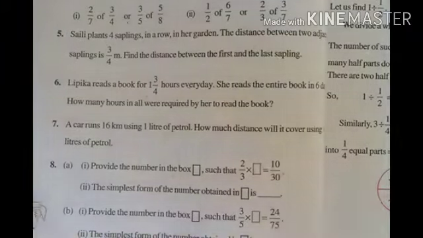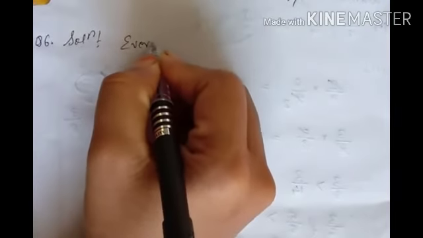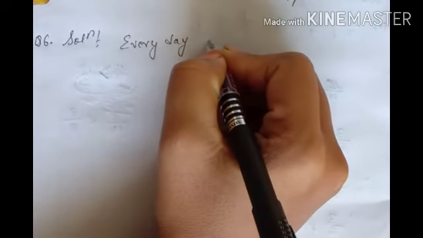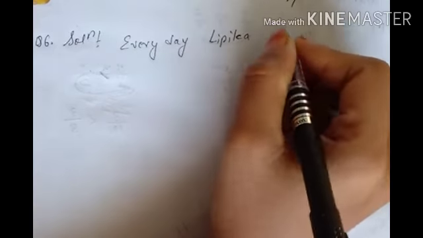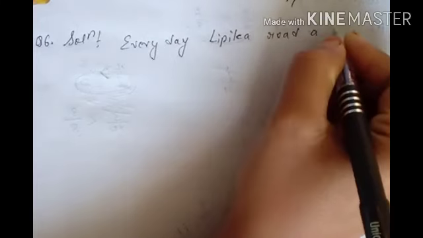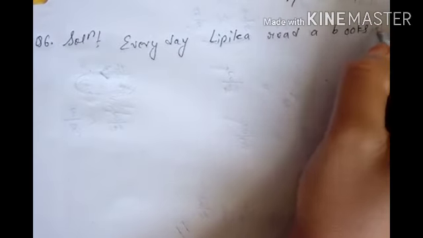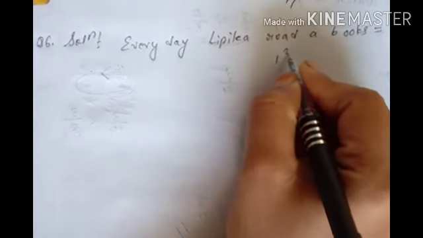So come to our solution. What will you write? Every day Lipika reads a book equal to how much? 1 3 upon 4.